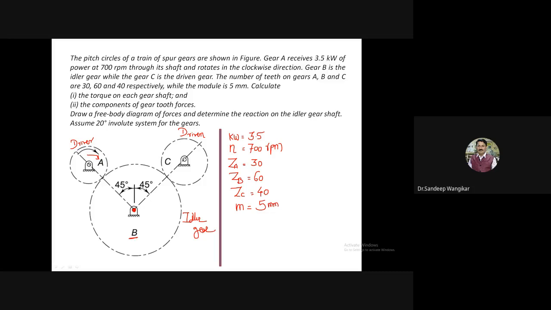Okay, next we have to draw a free body diagram. Assume 20-degree involute system, so alpha is given as 20 degree. And what is required to calculate in this particular diagram?